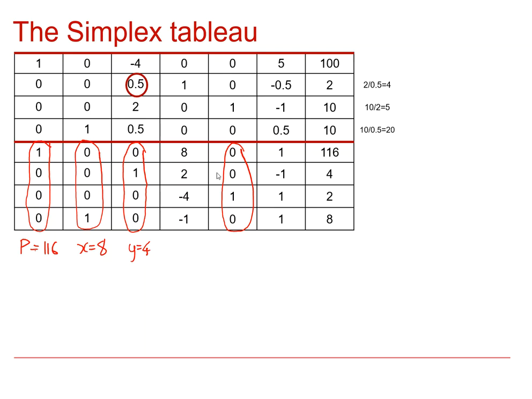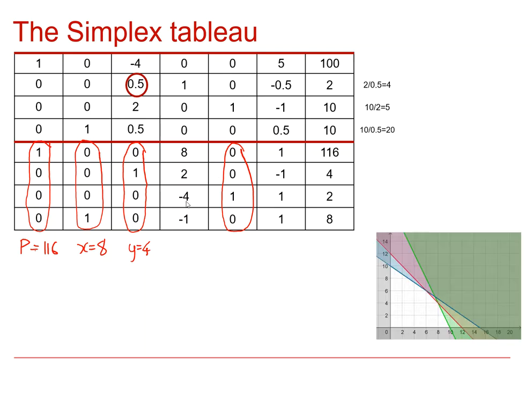We'll talk about the other variables in a moment, but in terms of what's happening graphically, the place that corresponds to our optimal solution is when X is equal to 8, Y is equal to 4, so it's there. We can see that that is at a vertex, which is what we're expecting, and at that point P is equal to 116.